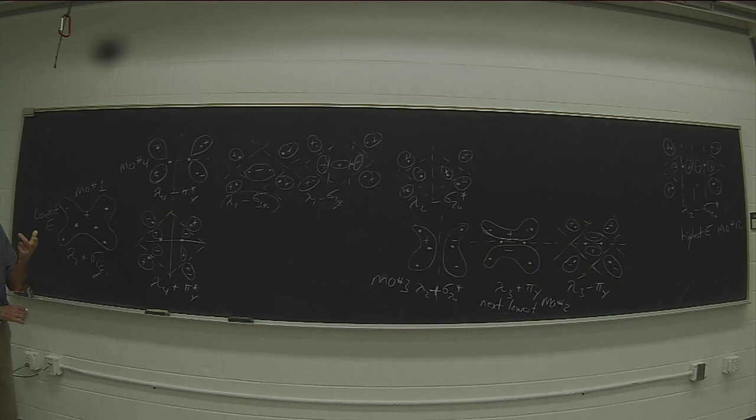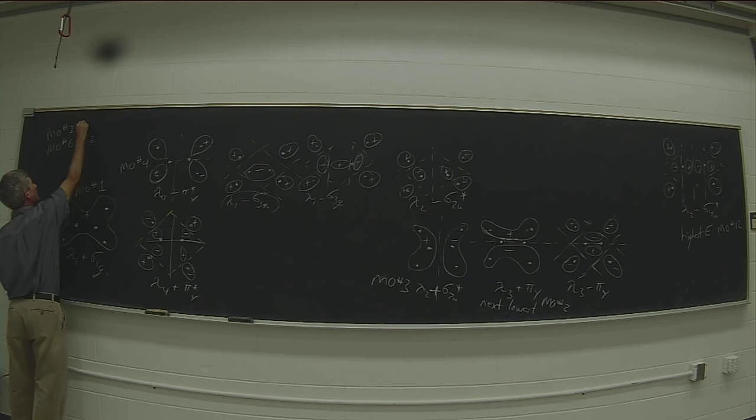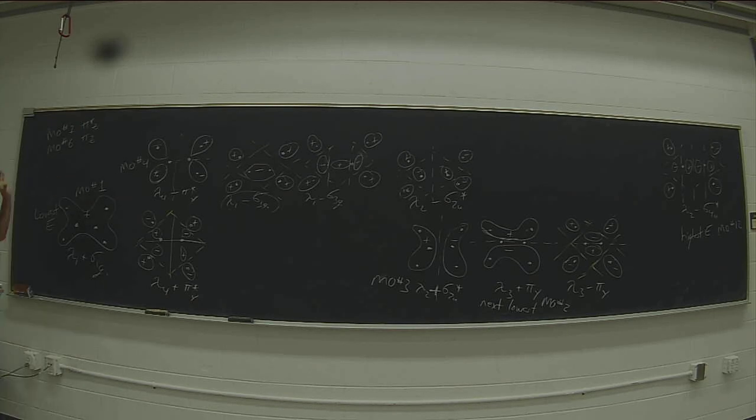We know that the middle, molecular orbitals 6 and 7, are pi z and pi star z, respectively, because the pi system is always in the middle. We've got 5 orbitals that are lower in energy than the bonding pi z, and 5 orbitals that are higher in energy than the anti-bonding pi star z.